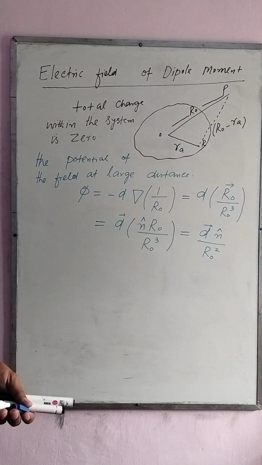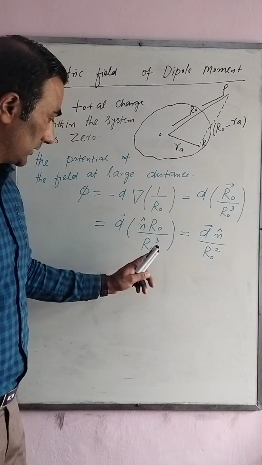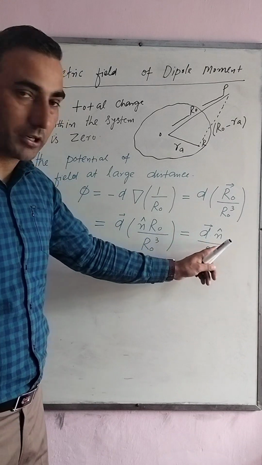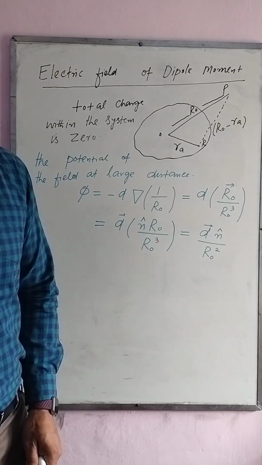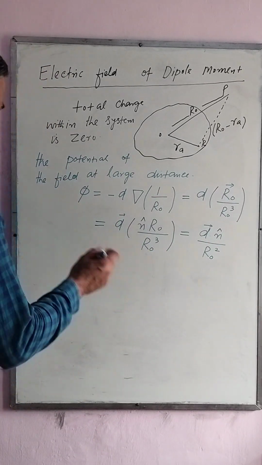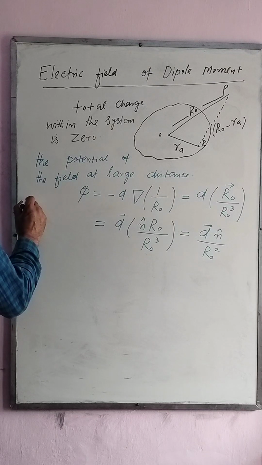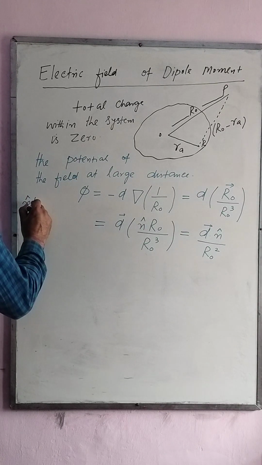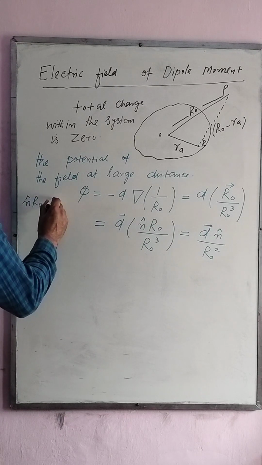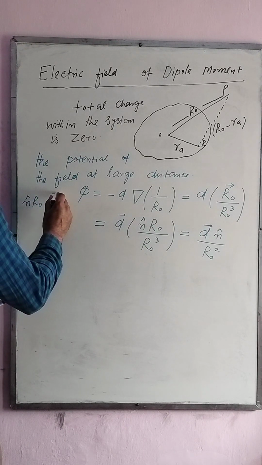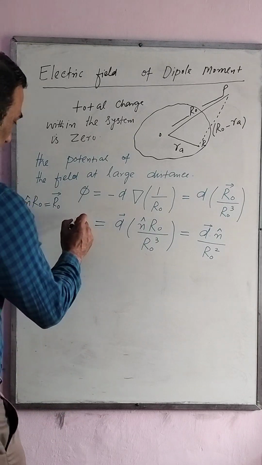So this will be, because one r naught will cancel हो जाएगा इसके साथ, so this will be d dot n divided by r naught square, because you can write that n cap r naught will be equal to r zero. So this will be the potential.